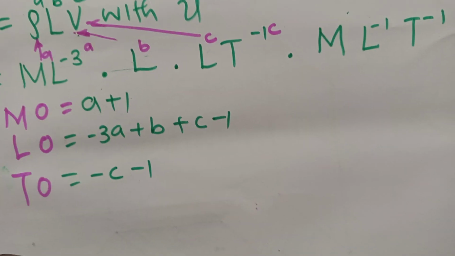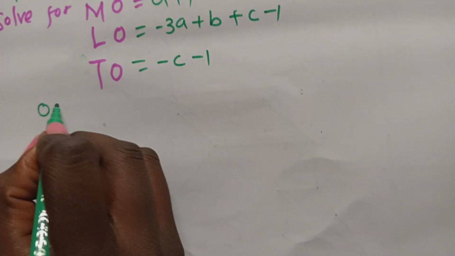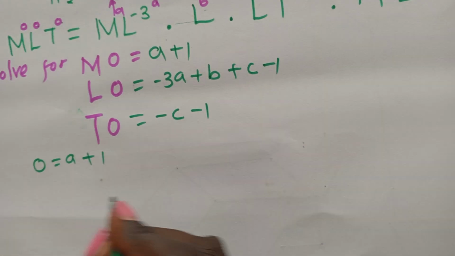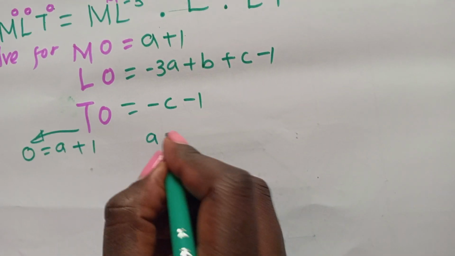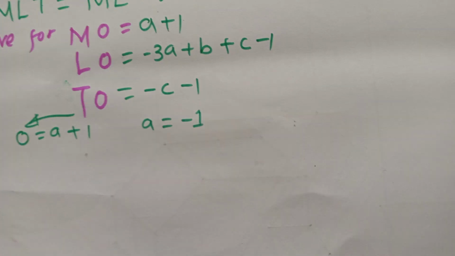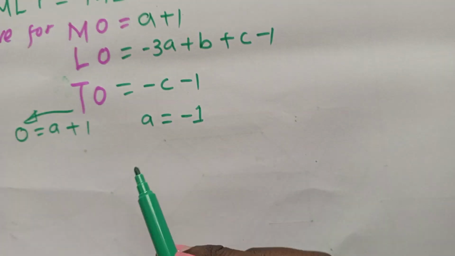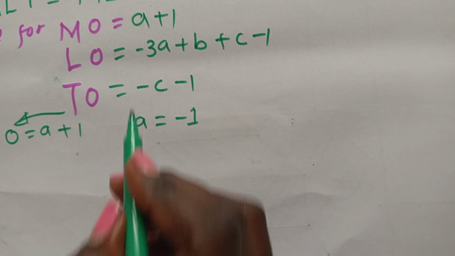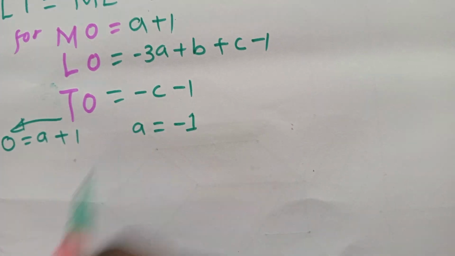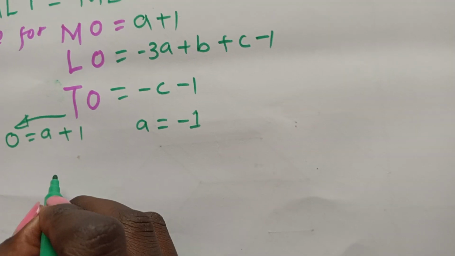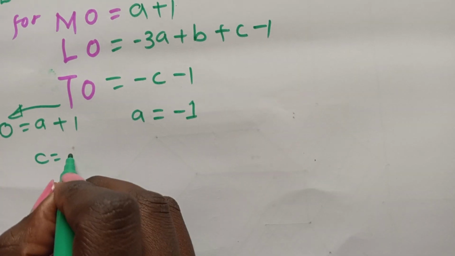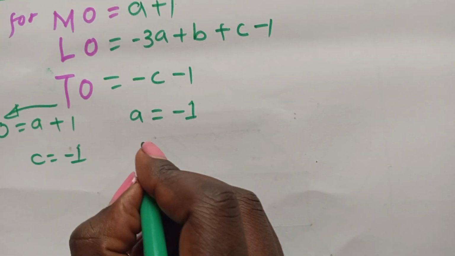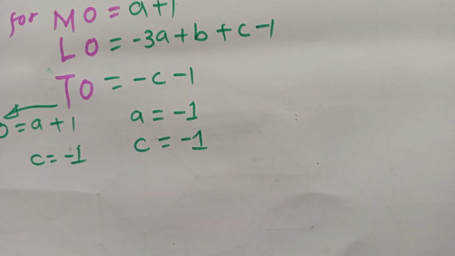Now our values of A, B, C. For A, remember it was 0 is equal to A plus 1, so we can simply take 1 to the other side and have A equal to negative 1. For the T equation, it will be easier to identify the value of C first. Take C to the other side, and this gives C equal to negative 1, because this is negative, and if we pick it to the other side it becomes positive. So C is equal to negative 1.